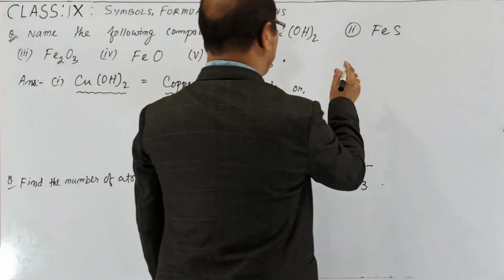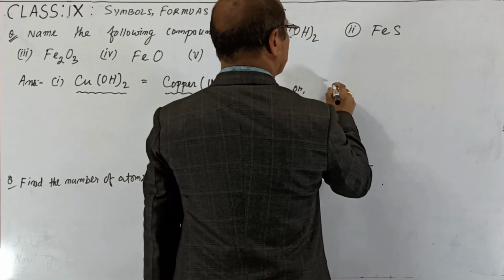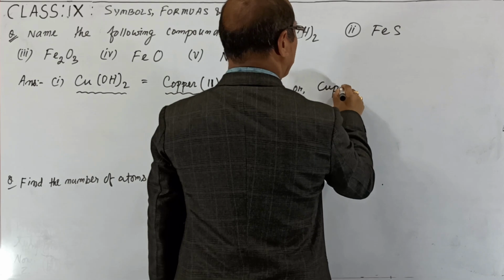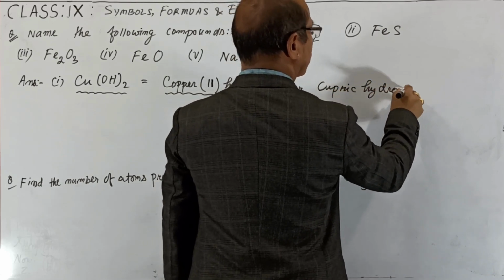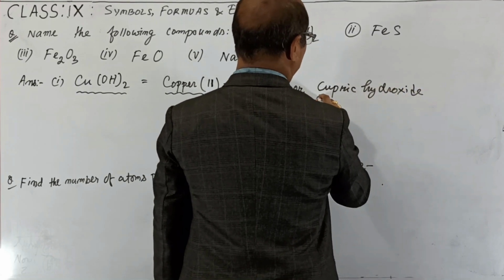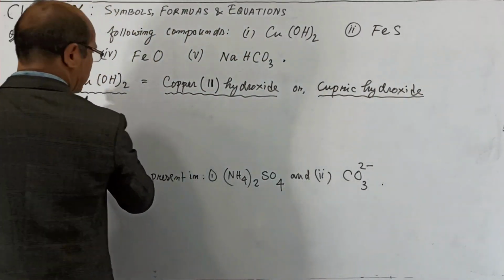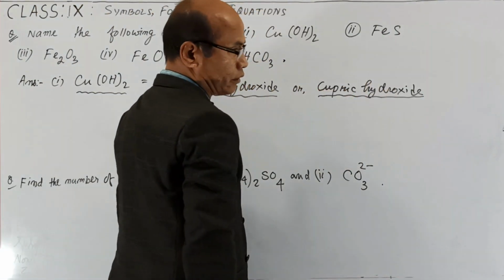And another type of name of this compound is cupric hydroxide. This is another name. So now you can call it copper 2 hydroxide or cupric hydroxide.